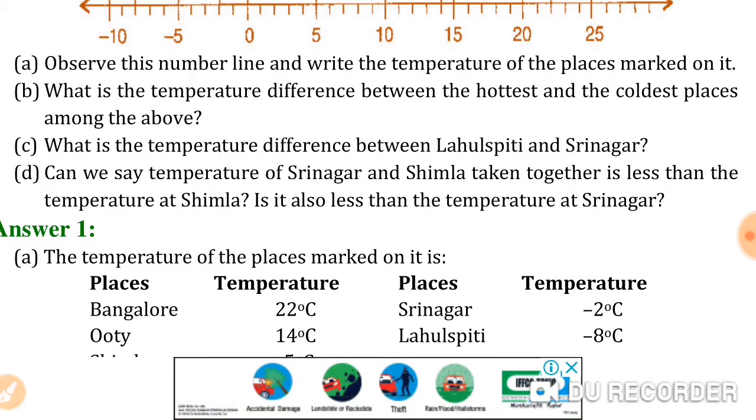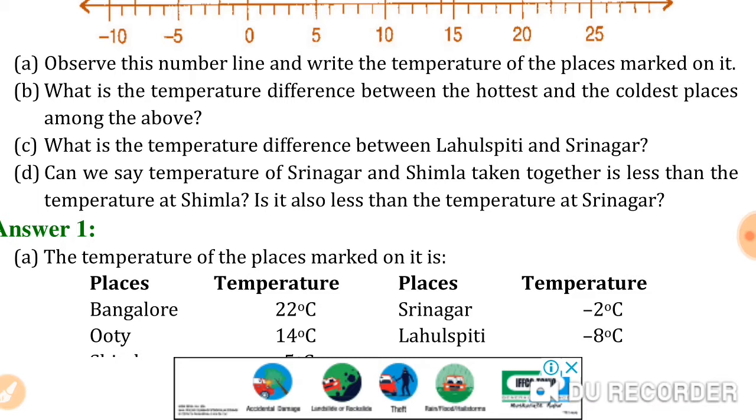Can we say temperature of Srinagar and Shimla taken together is less than the temperature at Shimla? Is it also less than temperature at Srinagar? See, can we say temperature of Srinagar and Shimla taken together? Taken together in the sense we have to add it. Together means adding the Srinagar and Shimla is less than the temperature at Shimla.